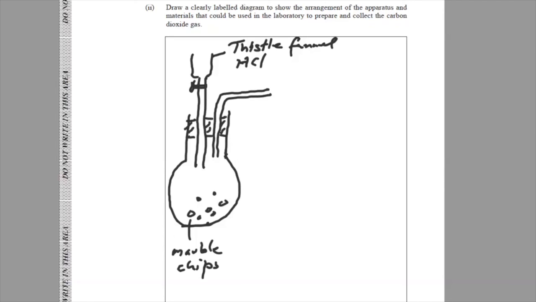So our delivery tube will go down into a U-tube. Not the medium that you're watching this on, but you can see why they call it a U-tube. It looks like the letter U. All right, so this is our U-tube.